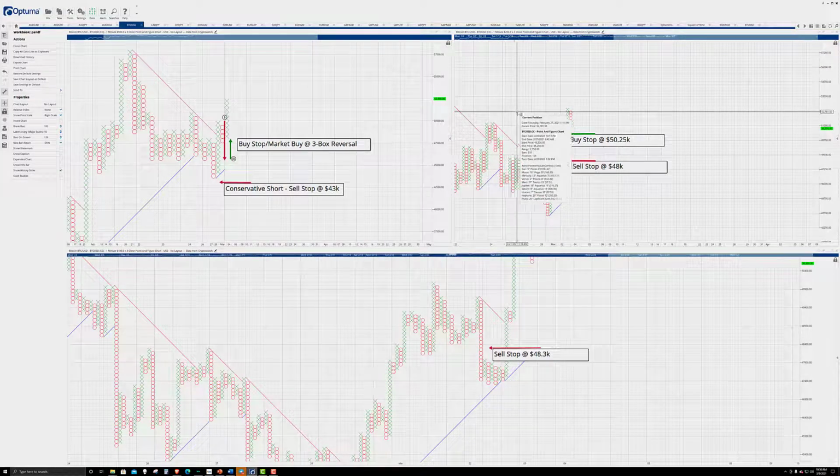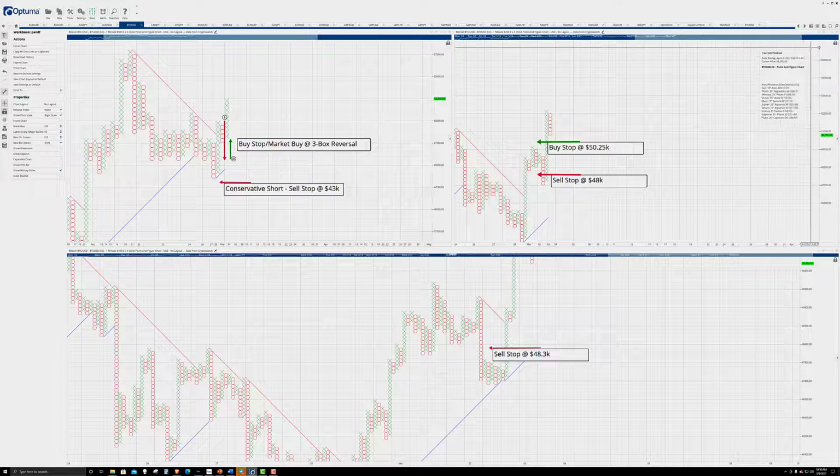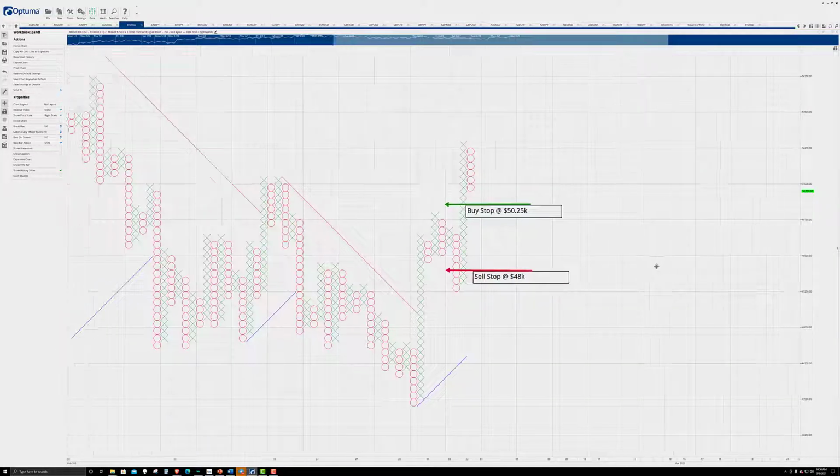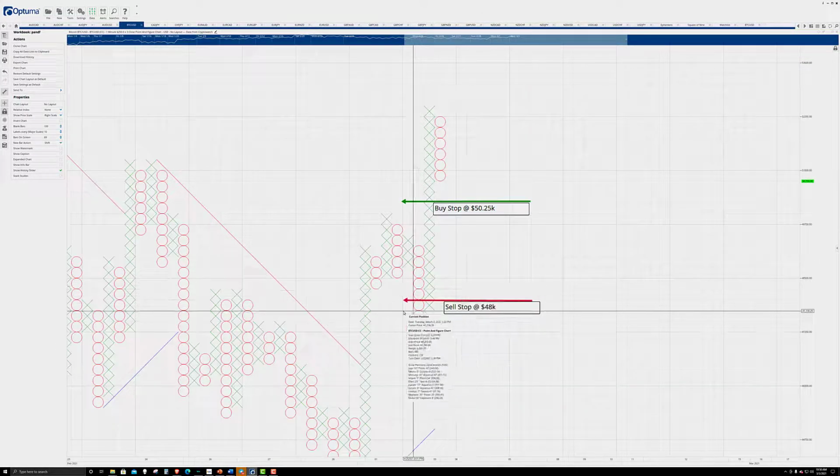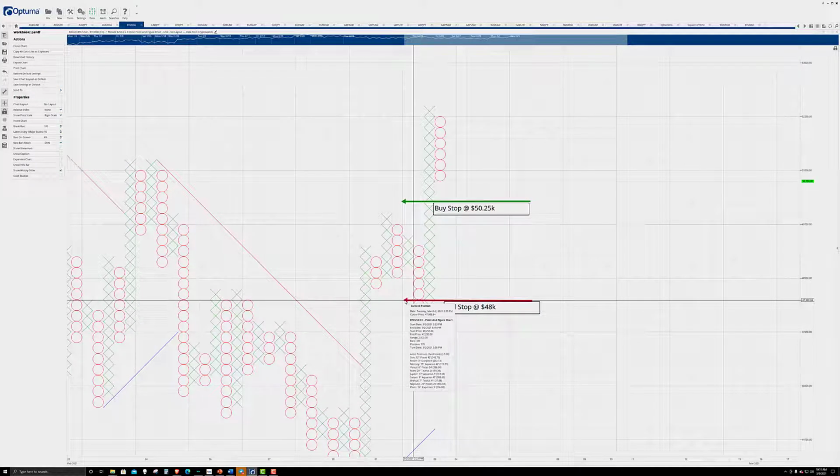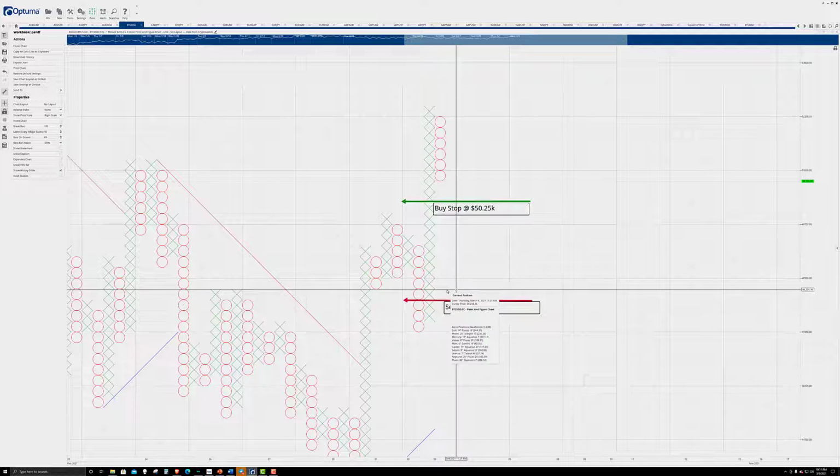Then on the $250 three-box reversal chart, two alternative trade setups here. We looked at shorting the split double bottom here. If you would have taken the short and used the three-box reversal, you would have had a scratch trade, meaning you would have ended up flat. You would have entered at 48,250 and been stopped out at 48,250, so minus a commission cost and whatever, that was your loss.